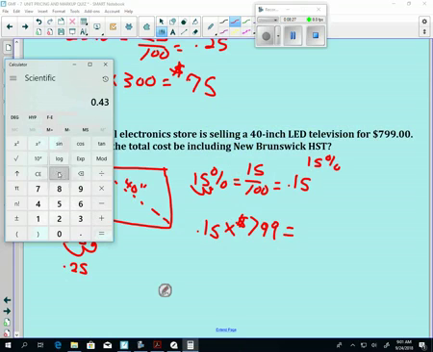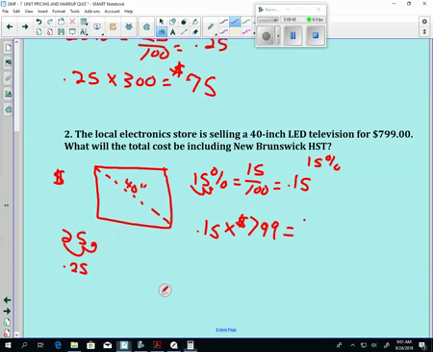You have to figure out the taxes first. Let's clear this. 0.15 times $799 is $119.85. That's going to be our taxes. They're asking us for the total cost.